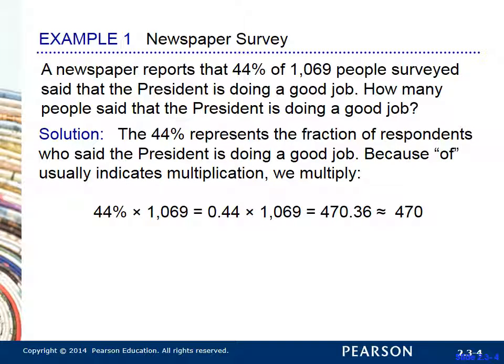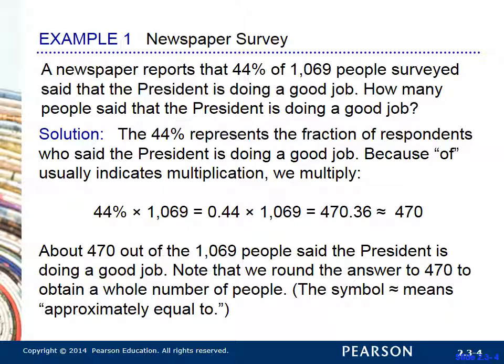So I convert it to 0.44 and then I multiply, and because we're looking at people, I can't have 0.36 of a person, so it's common sense to round this to the nearest person. So using your rounding rules, because 0.3 is less than 5, I just drop it and keep my 470. So about 470 out of those 1069 people say the president's doing a good job.